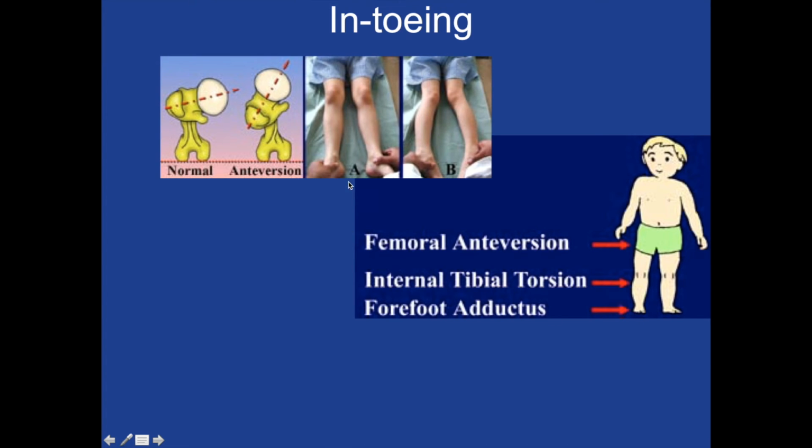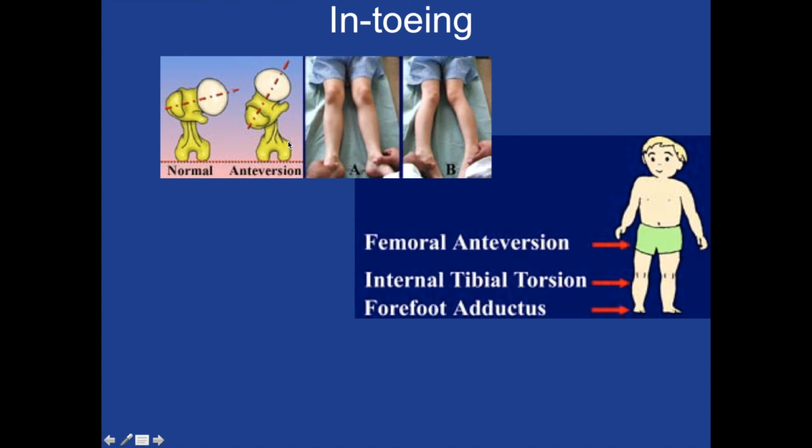And so this is an example of femoral anteversion, and this is the normal position of the hip. And an anteverted hip is actually rotated, so the greater trochanteric area is rotated forward, and the femoral head is rotated backwards. And this is a patient who has bilateral femoral anteversion, and they have exaggerated internal rotation on here.